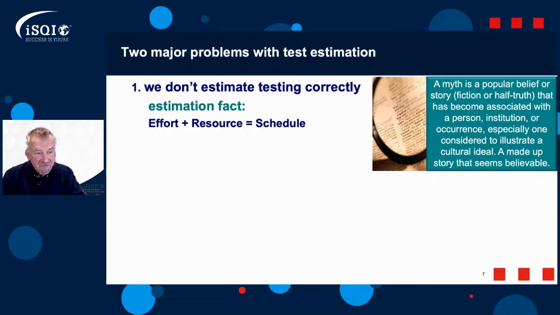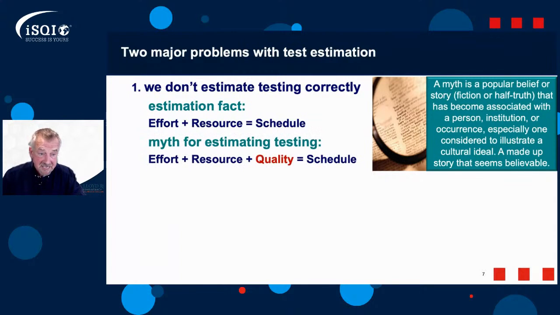So if I've got 5 days effort and 1 person, then as a minimum, I need 5 elapsed days. If I've got 5 days effort and 5 people, then as a minimum, we need 1 day. It might be slightly more if we can't do parallel tasks. But you see the aspect there. So effort and resource equals schedule, but it's a half-truth for testing.